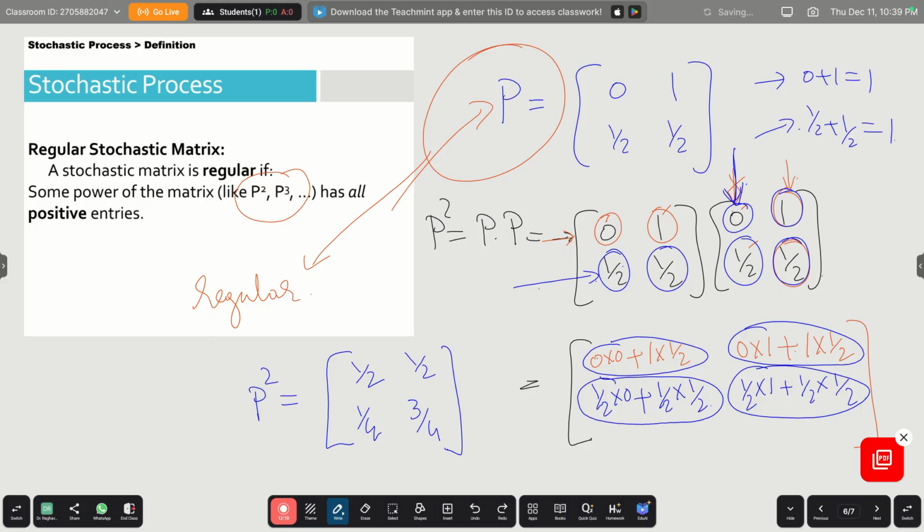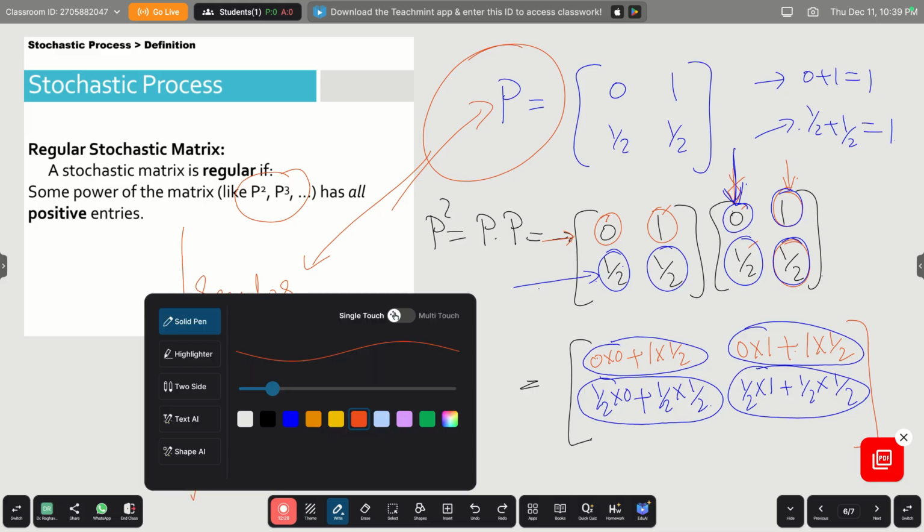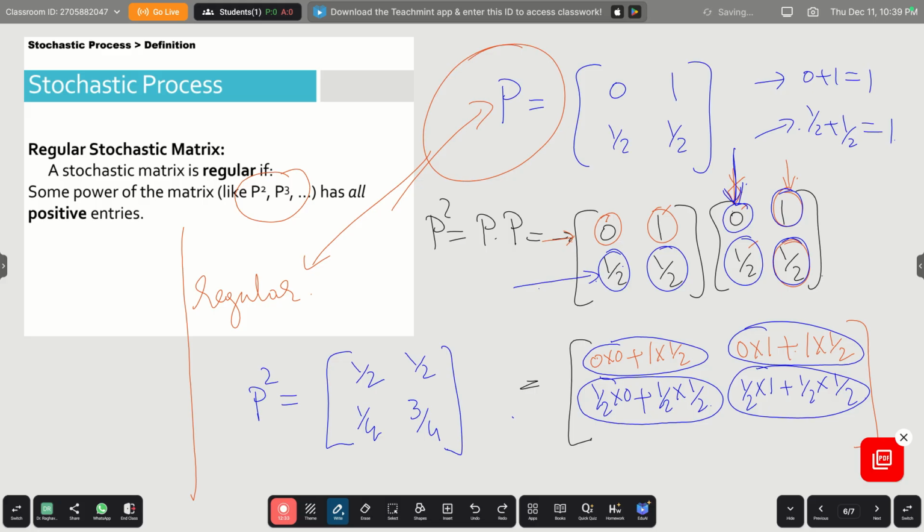Alright. So let me take one more example, I'll write it here. I'll just write a matrix which is not a regular stochastic matrix. P is equal to 1, 0, 1 by 2, 1 by 2. Alright. So you can check for P square.